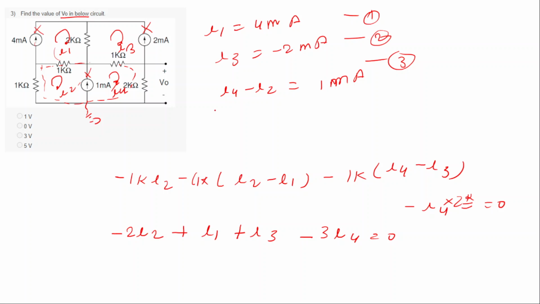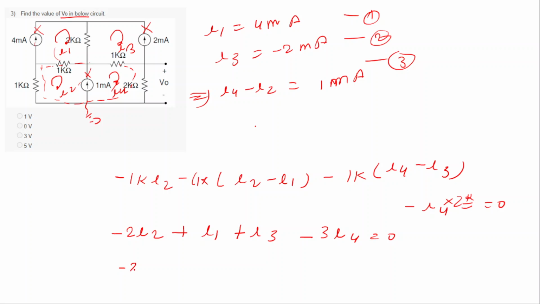Now we have the values of I1 and I3. Since we need to find the current I4, we can replace I2 from the third equation as I4 minus 1 milliampere.